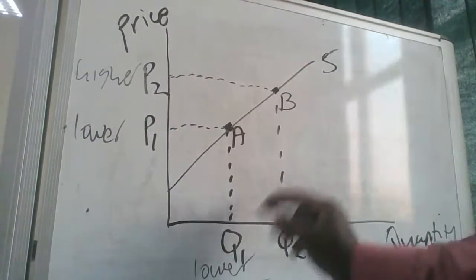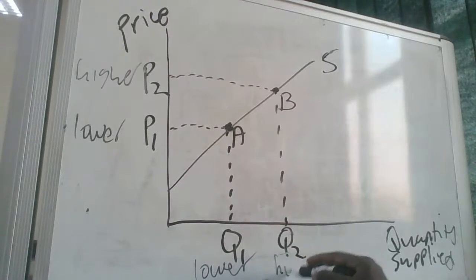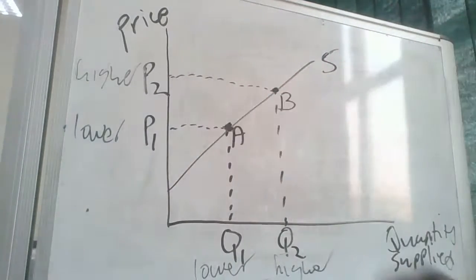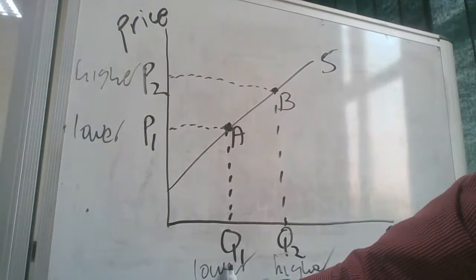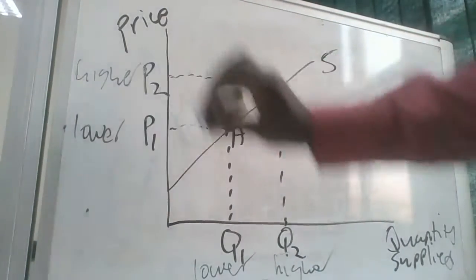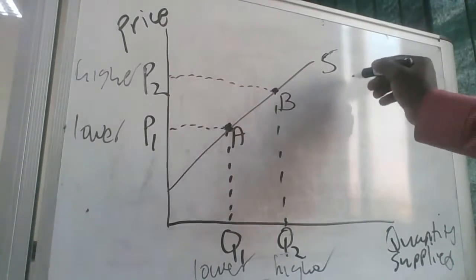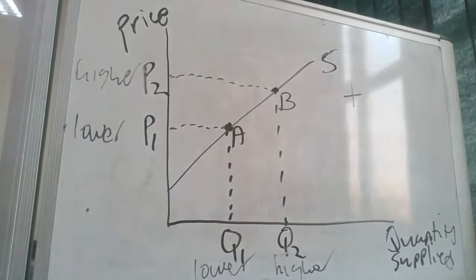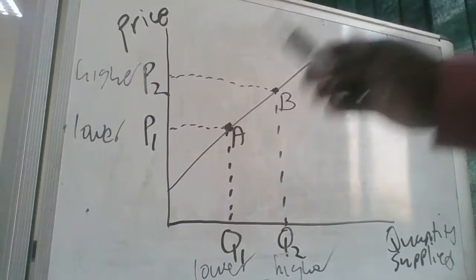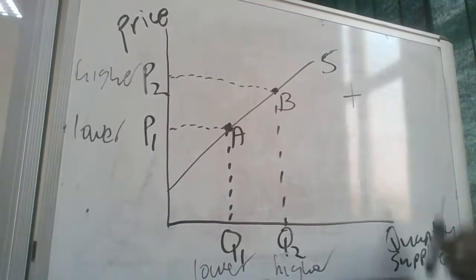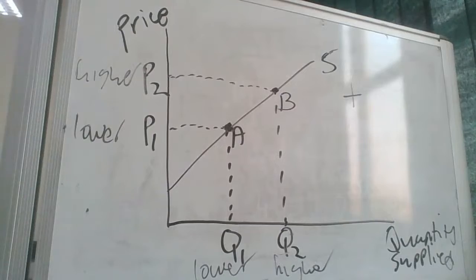And quantity is also above, so we say higher. So we see that a lower price is associated with a lower quantity supplied, and a higher price is associated with a higher quantity supplied, meaning that there is a positive relationship between price and quantity supplied of a commodity.